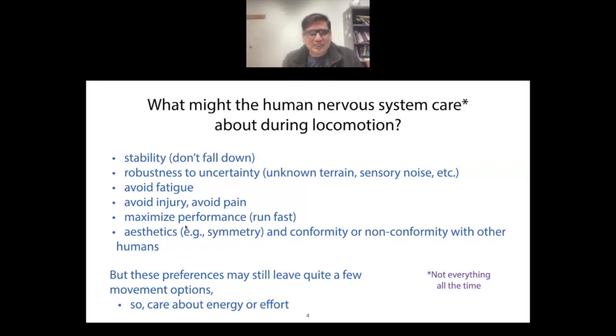Maybe not quite maximizing performance. So given that there is still an infinite space of possible solutions, one way to choose one solution out of many is to minimize energy or effort. And this is also clearly useful from an evolutionary perspective if food is scarce and, I guess, it takes energy to get.